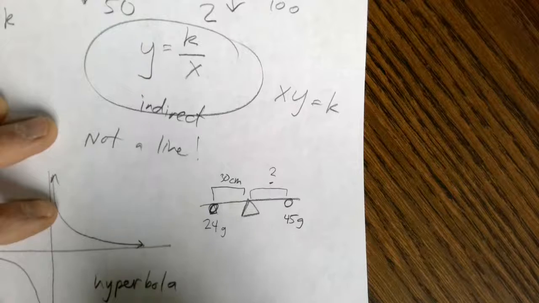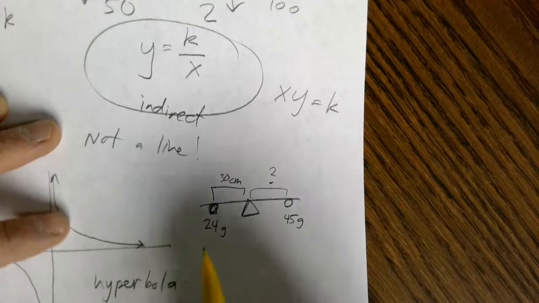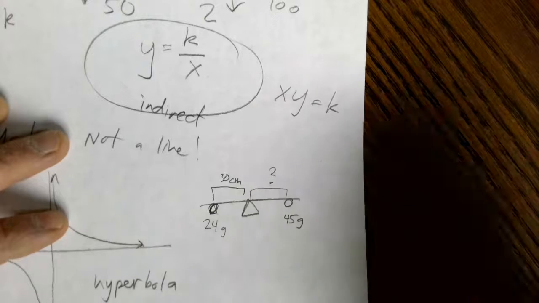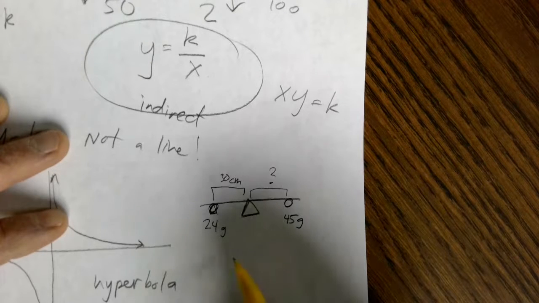Well, we can use our inverse variation, because what we're going to say is that the distance varies inversely as the mass.